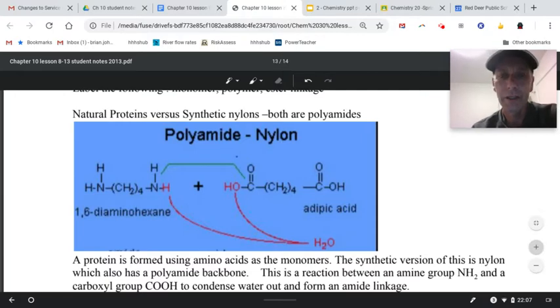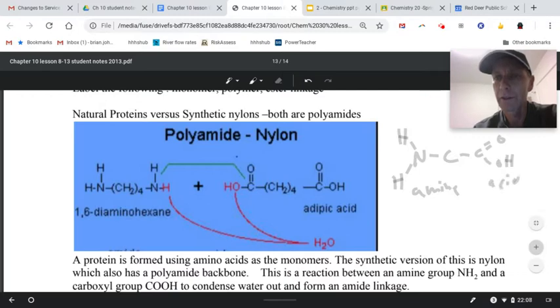So one end of the molecule is going to have NHH bonded to some type of a carbon. So that's our amine. The other end of the molecule is going to be a carboxylic acid. So amino acids have this basic pattern, an amine and a carboxylic acid, put them together and it becomes an amino acid. So that's in nature.